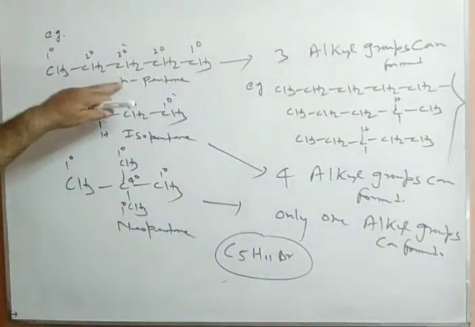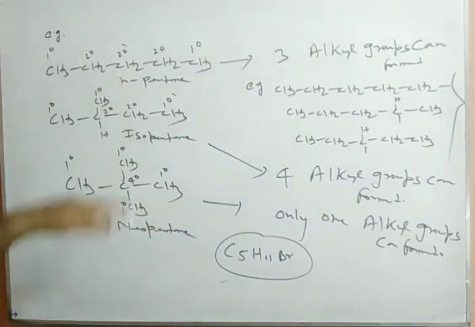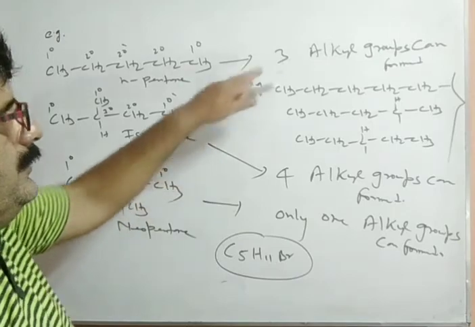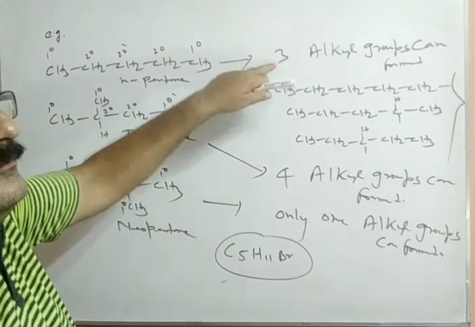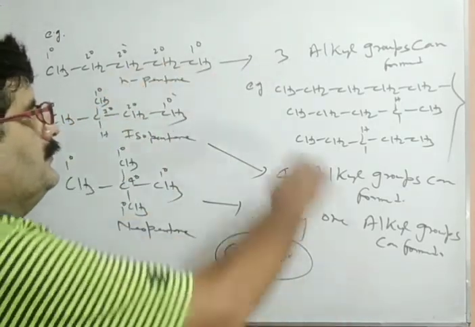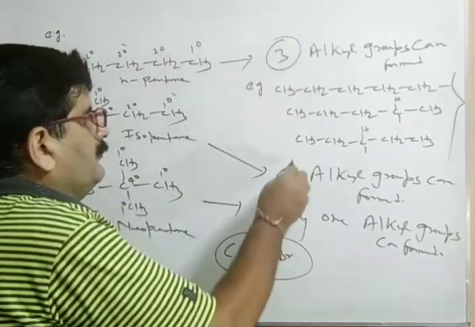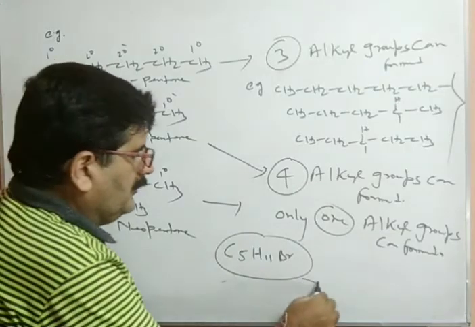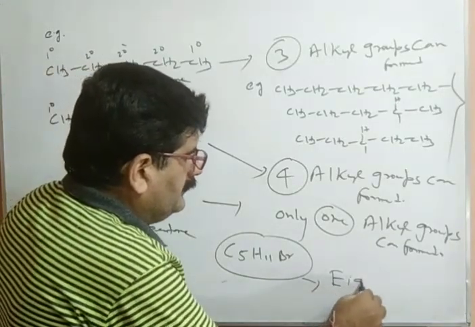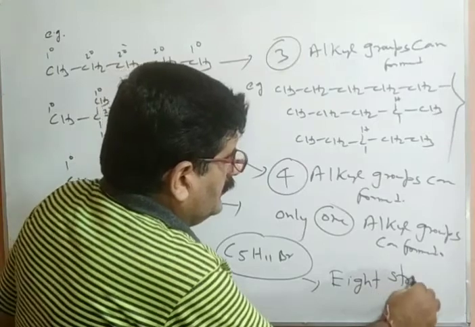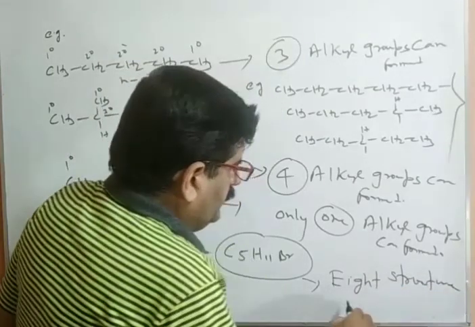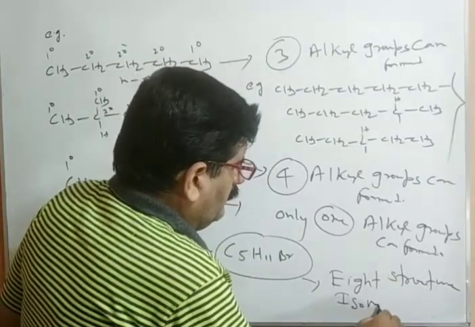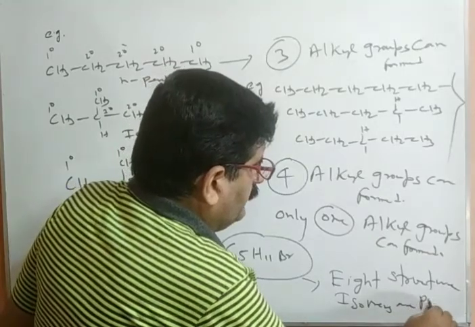That is normal pentyl, isopentyl and neopentyl. From normal pentyl, 3 alkyl groups are possible. If isopentane is given, here 3, this one is said to be what? 4, and the last one 1. So total 8 structural isomers are possible.